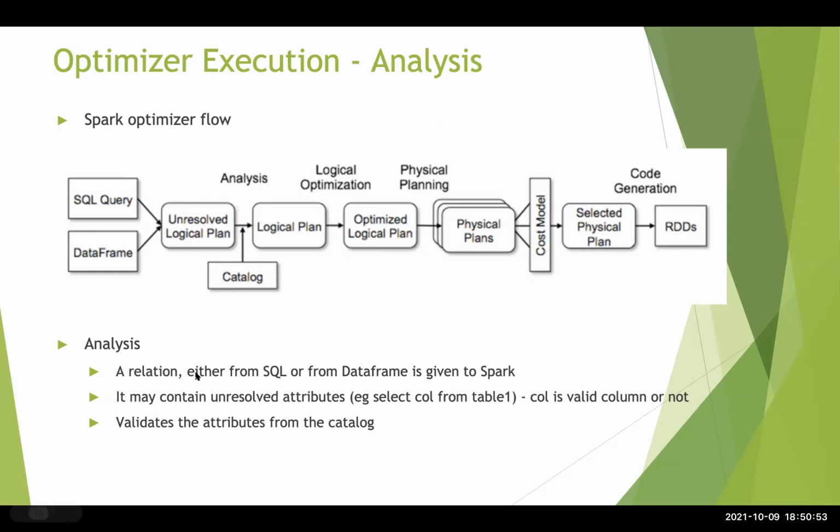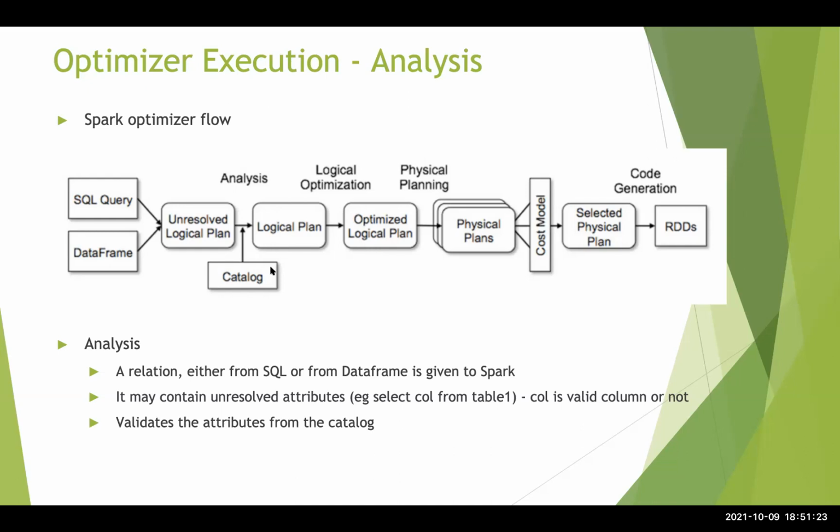Analysis. A relation, either from SQL or a DataFrame, is given to Spark, right? It may contain unresolved attributes. So this is what I said earlier also, that you have select column from table 1. Here Spark does not know whether the column is a valid column or not, whether this column exists in this table or not. Spark does not know. So it applies the rules, and this will validate that this column exists in the table, and it will put it into the logical plan.